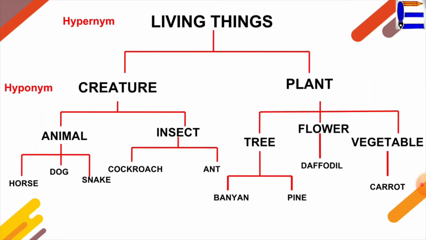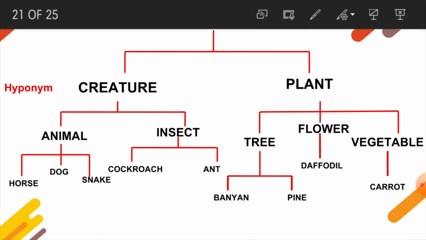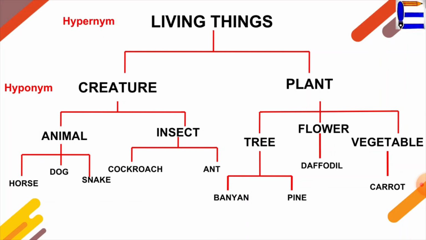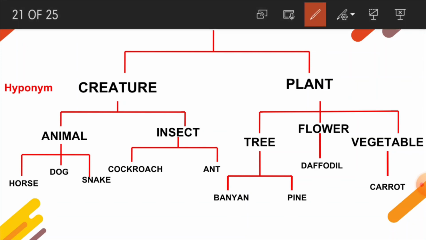As you can see in the image here, living things is the superordinate term. It means that it is a hypernym. Under this hypernym living things, there are many subcategories. Living things are of two types, creature and plant. So creature is a hyponym of living things. Plant is a hyponym of living things. Then under creature you again have subtypes, animal and insects.